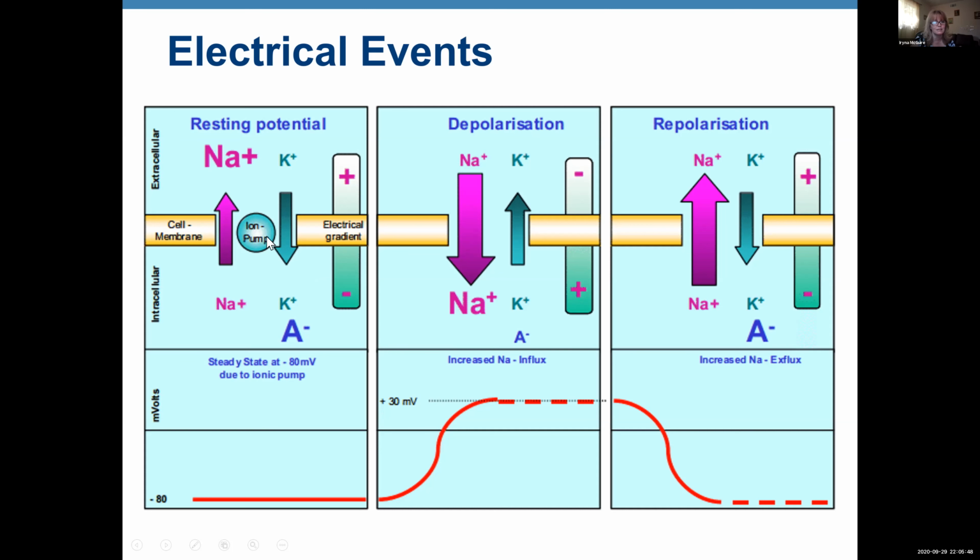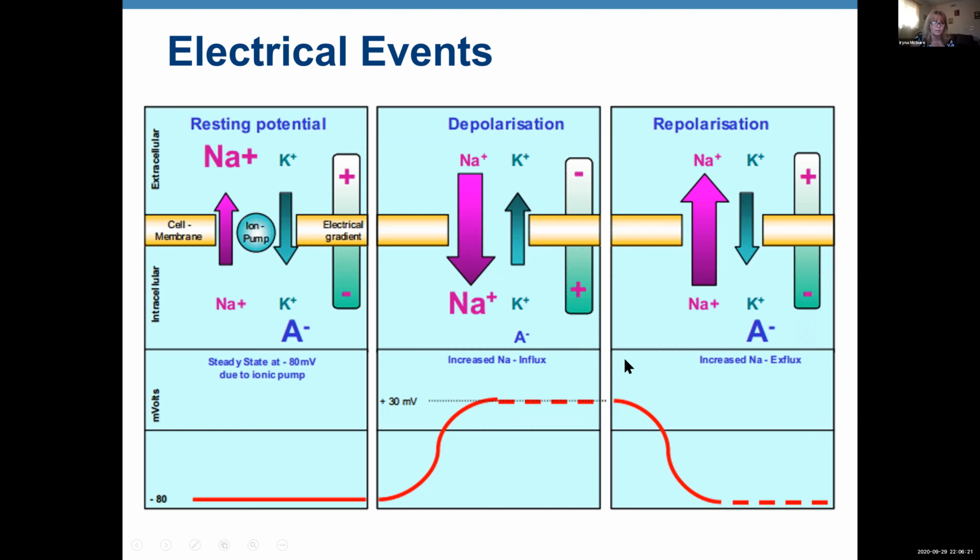This is the extracellular fluid, and this is the cytoplasm, and it can be measured at about minus 80 for your heart cells. Then we start moving towards positive inside.